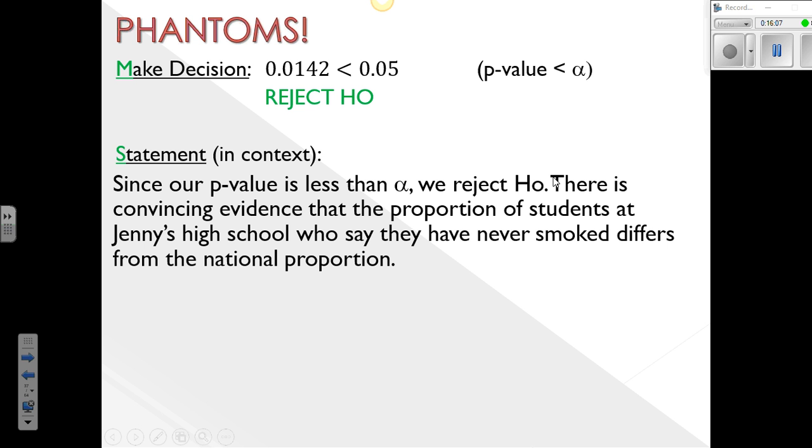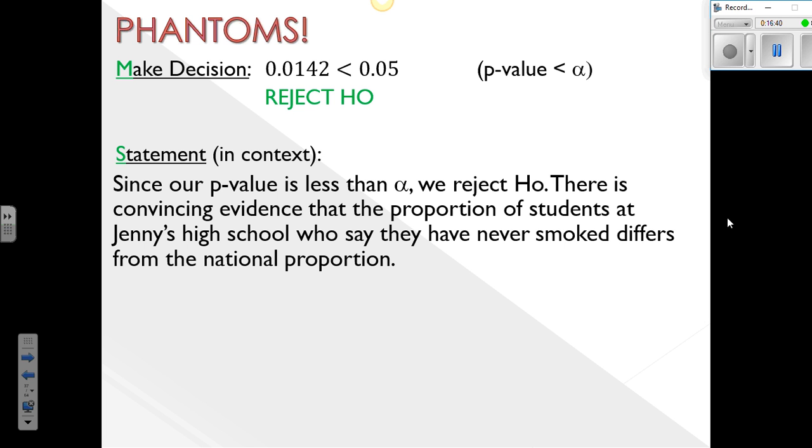So there is convincing evidence that the proportion of students at Jenny's High School who say they have never smoked a cigarette differs from the national proportion of 0.5. Since our p-value is lower than 0.05, you're going to reject H0 and say that there is convincing evidence that the proportion of students at Jenny's High School who have never smoked a cigarette differs from the national proportion.